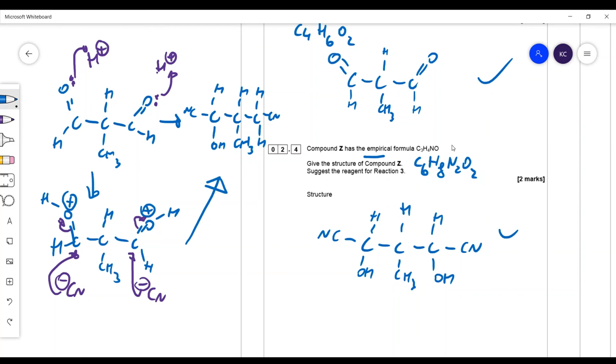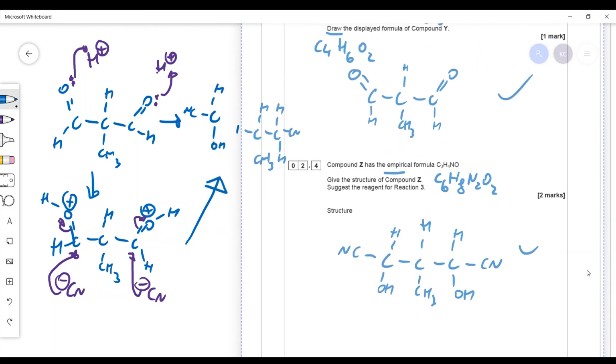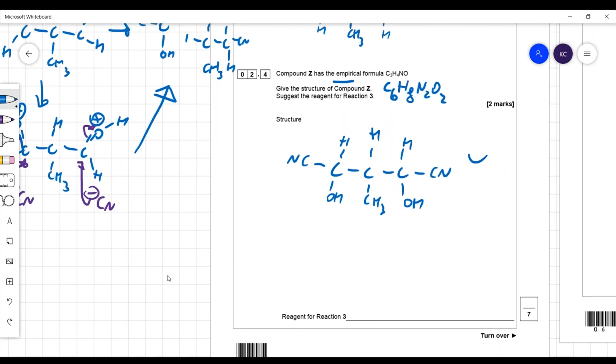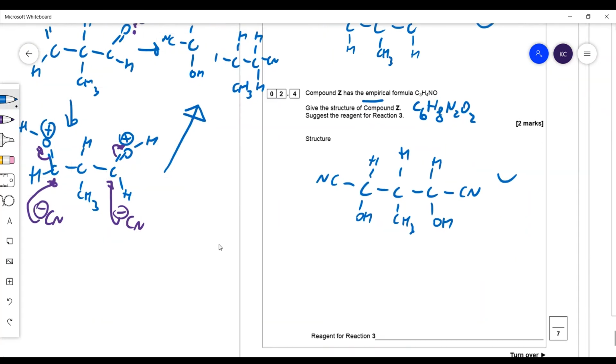So we also answered the second part of this question, and the question was reagents for reaction 3. So for this reaction, as we said, we're going to need some acid, and we're going to need some CN minus, so that can come from potassium cyanide most likely, so KCN.